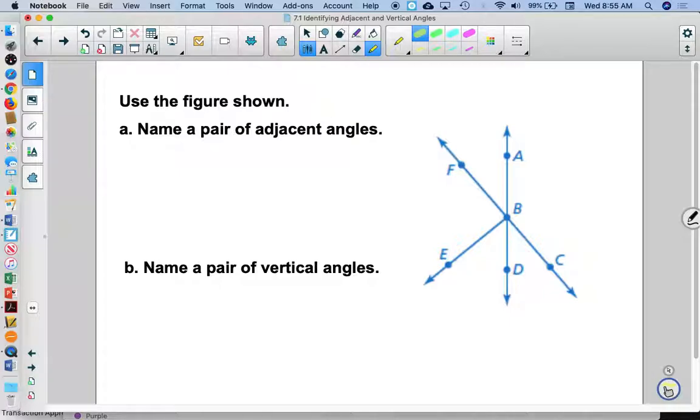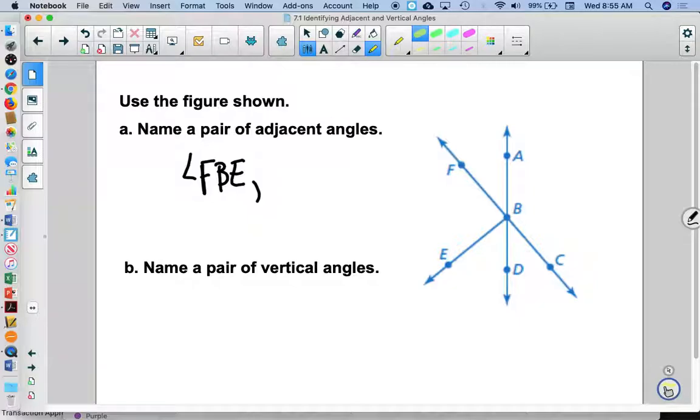Okay, in order to name an angle, you've got to give three points. So, tell me again. Okay, we've got angle FBE, and what is it adjacent to?